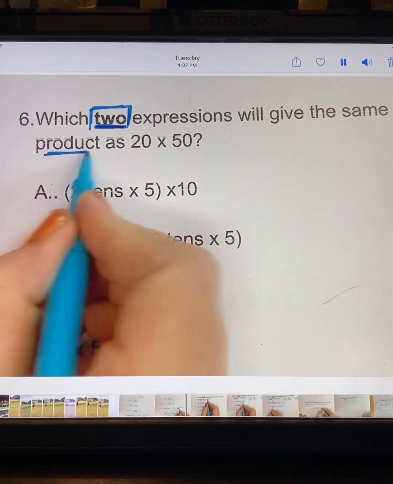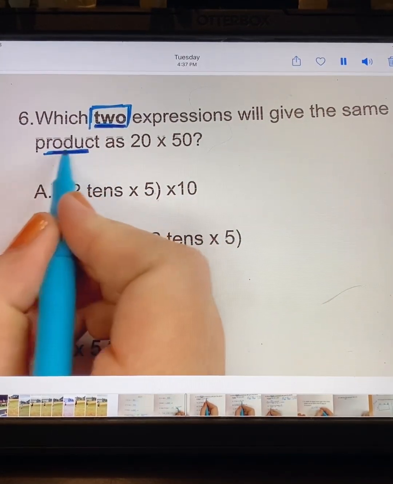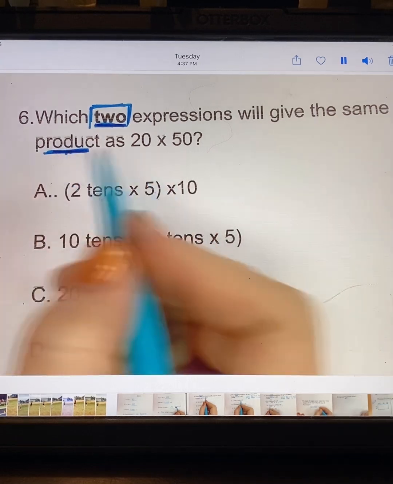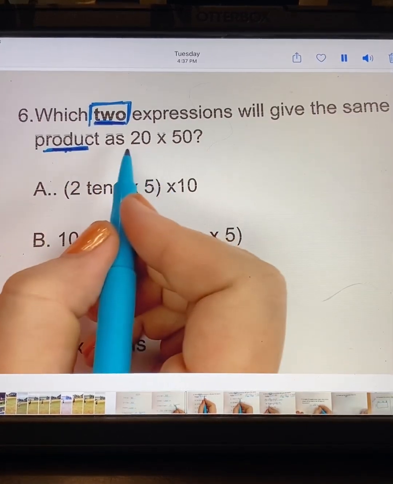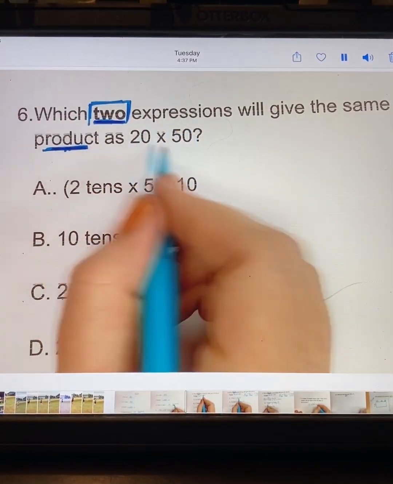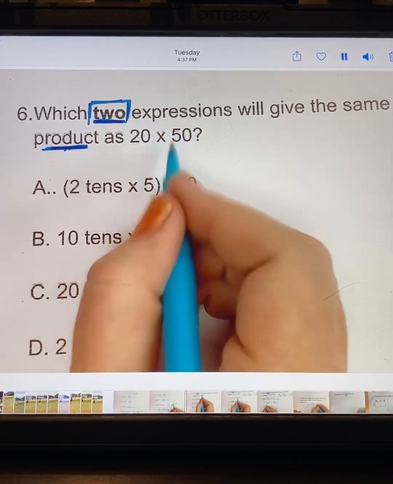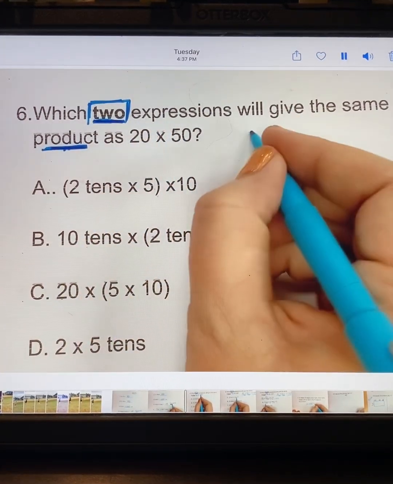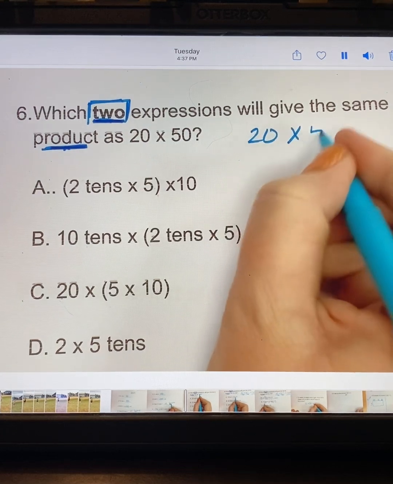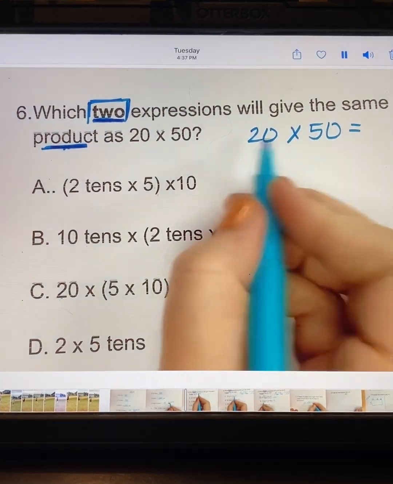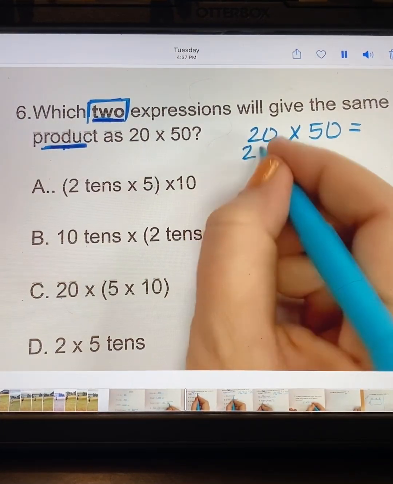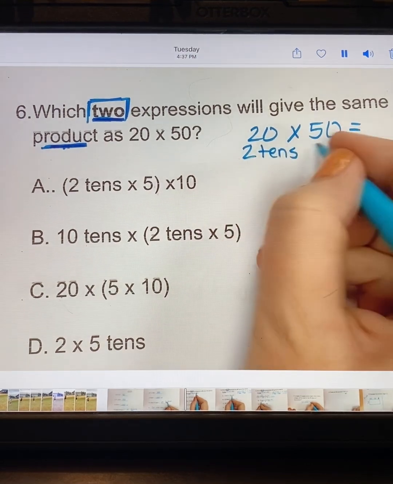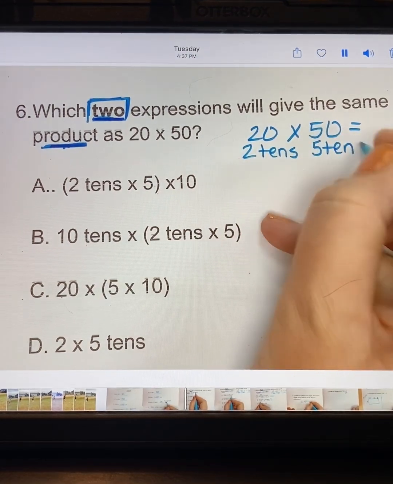And we're looking for 2 that have the same product. Product is just the answer to a multiplication problem. So we need to know the answer, or the product, to 20 times 50. So we have 20 times 50. That's the same thing as 2 tens times 5 tens.